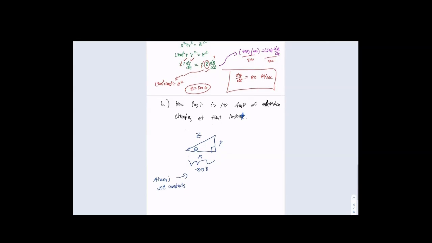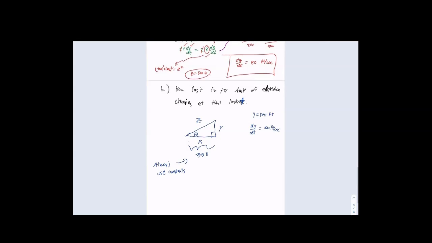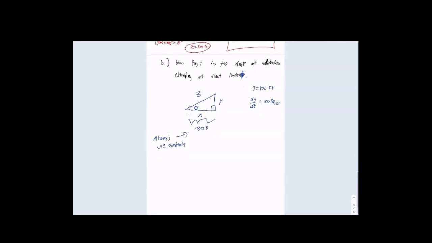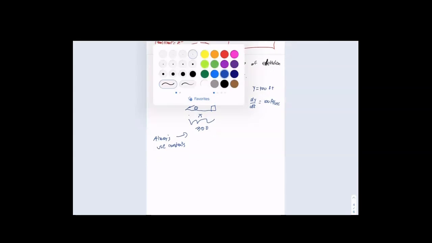And we know that y is 400 feet and dy/dt is 100 feet per second. Because I know dy/dt and I know x is constant, I'm going to use the relationship between x and y for this problem.